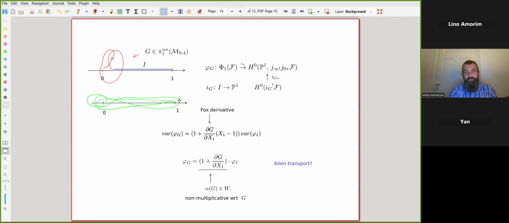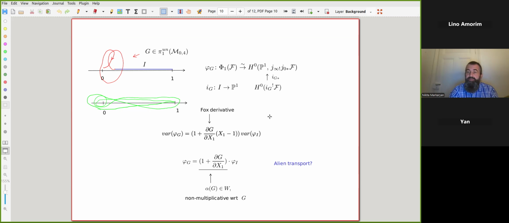So you can consider this G as a composition of generators. If a generator is around 0, you use it here, but if you go to 1, you need to add this interval, and this allows you to write down this isomorphism explicitly. That gives you this formula, where this is Fox's derivative. It's just a direct calculation.